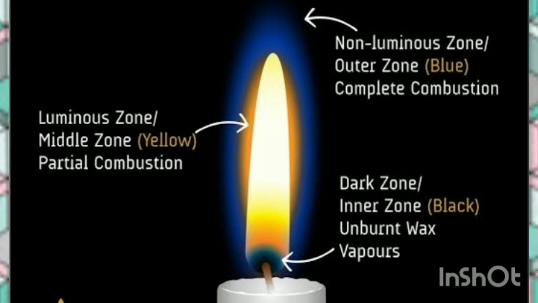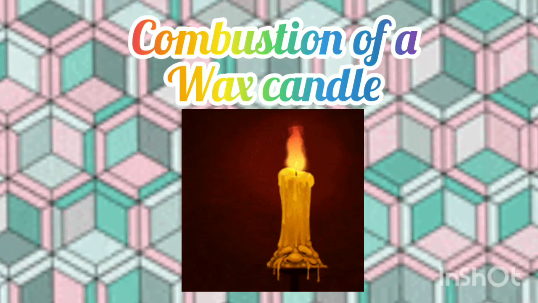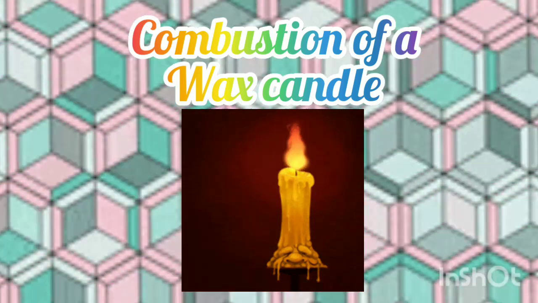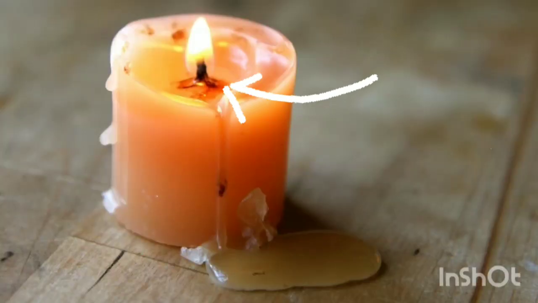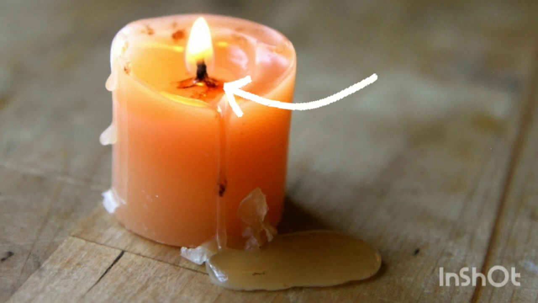Now, let us see about the combustion of a wax candle. Suppose you notice a wax candle flame, we will see the wick burns, and the wick, when it is burning, stands in a pool of liquid wax. That is, around that wick there will be liquid wax.